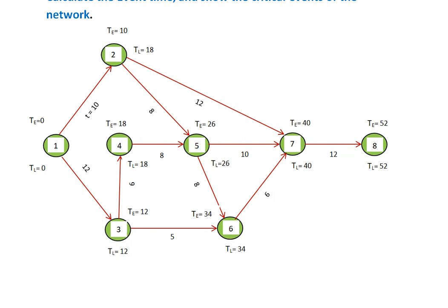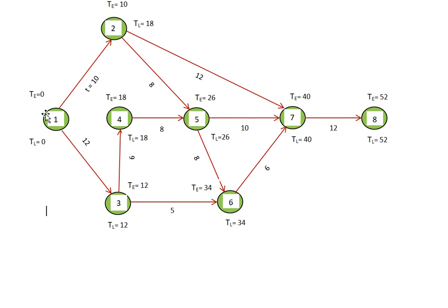If we want to determine the critical path, we need to calculate the activity time. That means we need to determine the total float, and check which activities have 0 total float, and from that we can calculate the critical path.